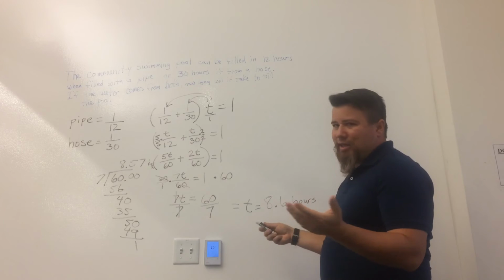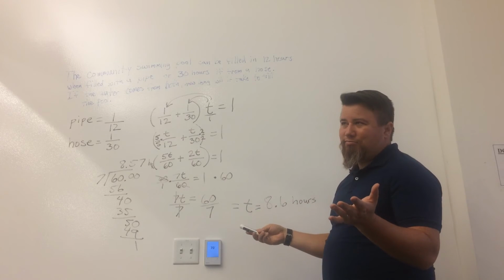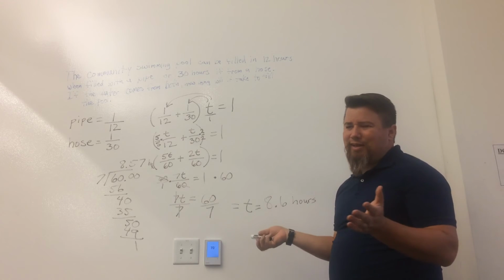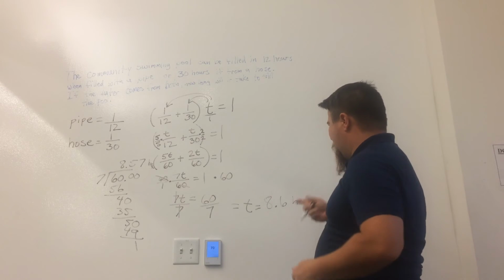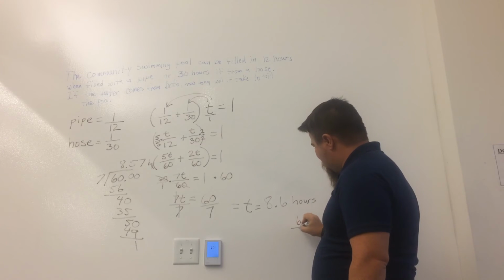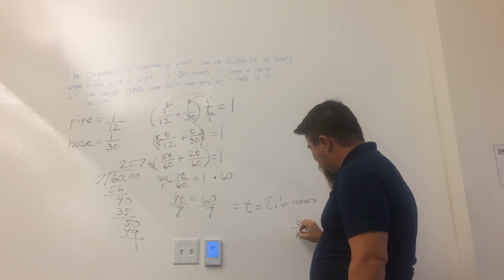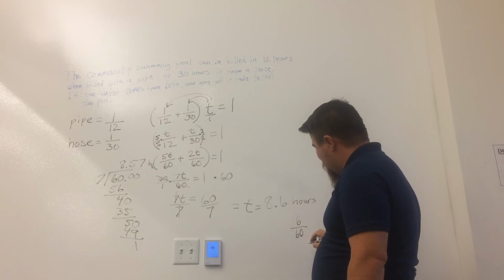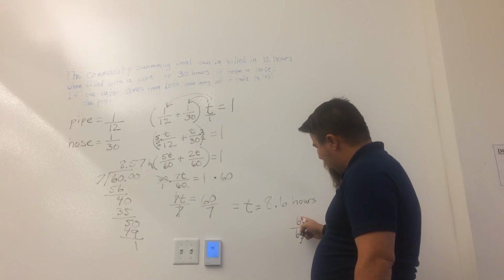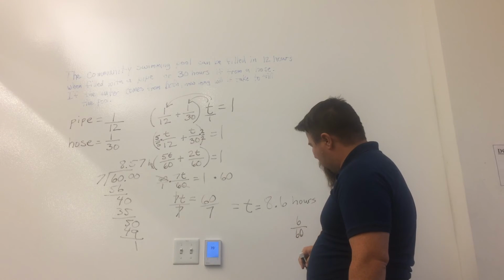Or if we really wanted to get down to the exact minutes and seconds, then we could take this 0.6 and divide it by 60, because it's 1/6 or whatever of an hour.